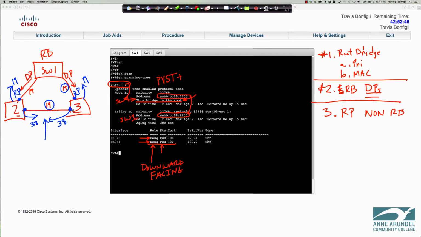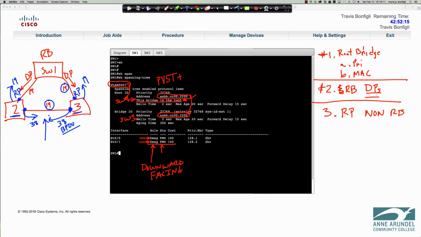So the question becomes, for every segment, first of all, who is sending the BPDU, or the Bridge Protocol Data Unit? And that's how Spanning Tree communicates throughout the layer 2 domain, with Bridge Protocol Data Units. Which switch, is it going to be 3 or 2, is sending the BPDU with the lowest root path cost?